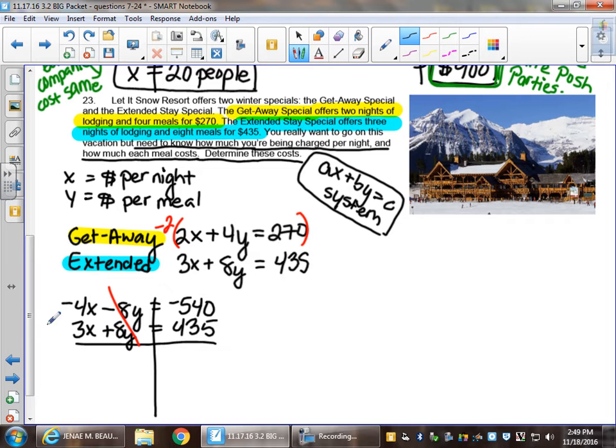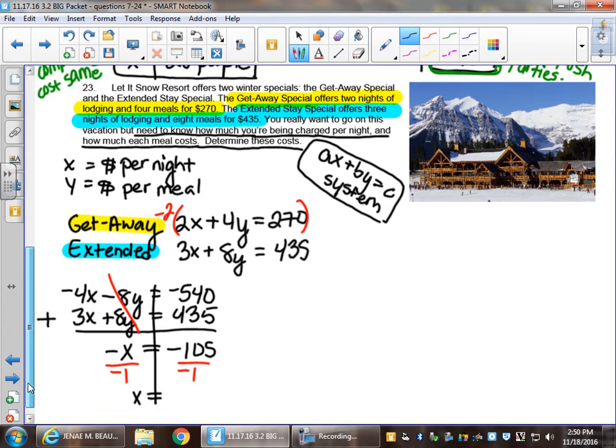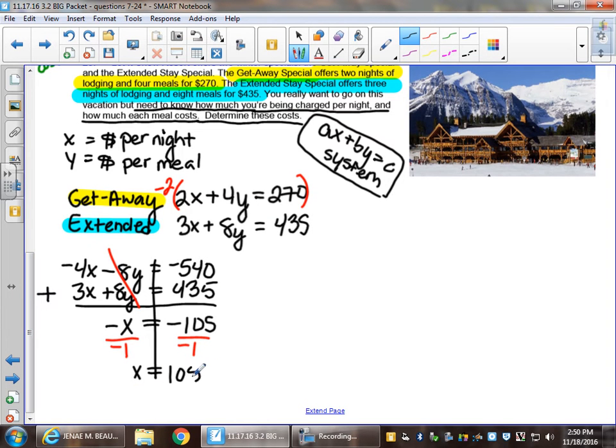Negative 4X plus 3X is negative X equals negative 540 plus 435. That for me, I got a negative 105. We're not done yet. I'm alarmed because I have a negative value, but then I look, hey, check it out, this is a negative X, so I know I need to divide by negative 1. That takes care of the negative because a negative divided by a negative is positive. We get X equals 105.